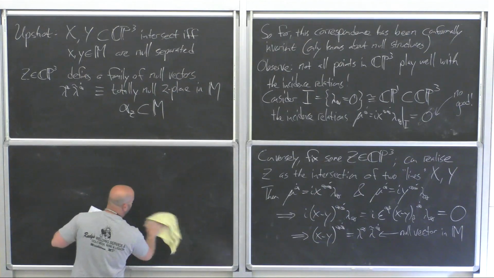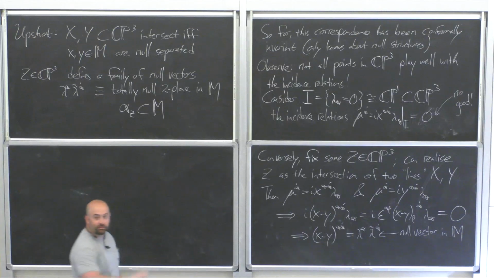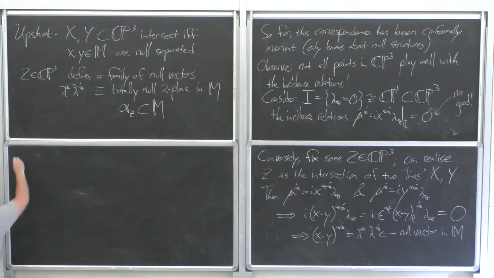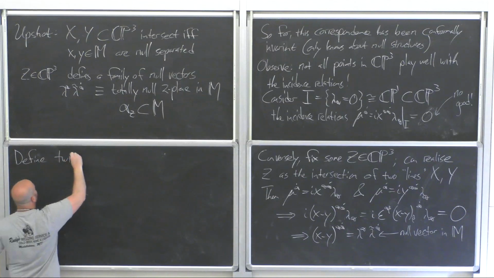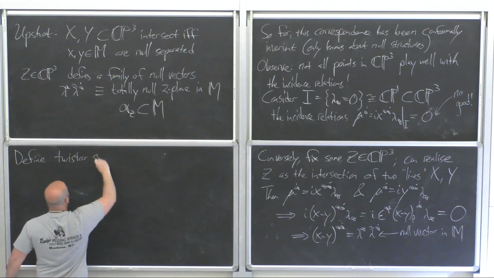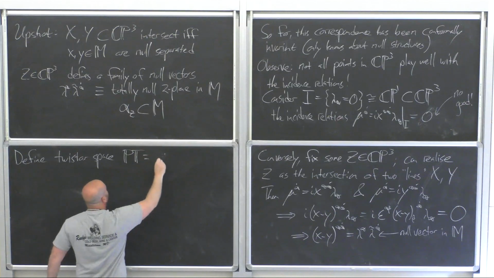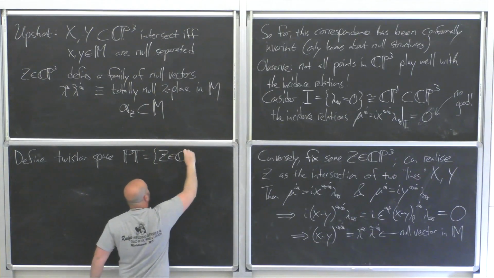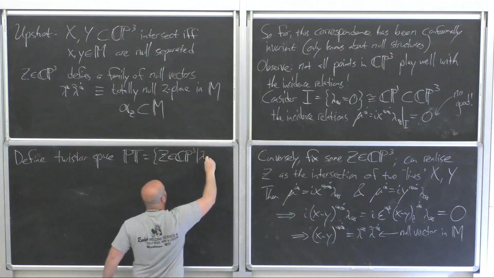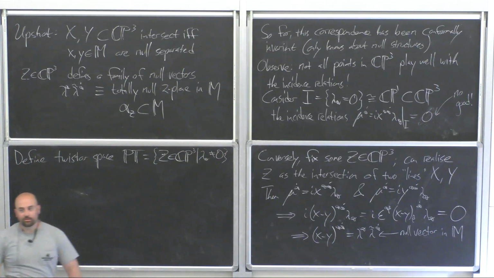So what we're going to do is cut this line out of CP3. And that's what we're going to call twistor space. So this is all the Z in CP3 such that the lambdas are not allowed to vanish simultaneously.